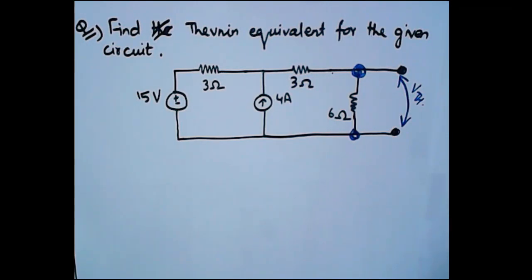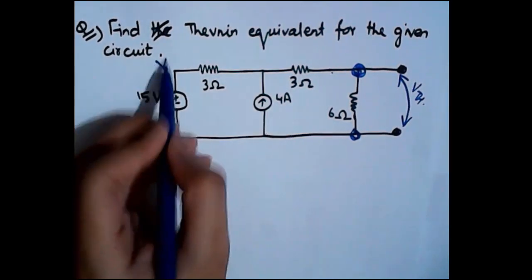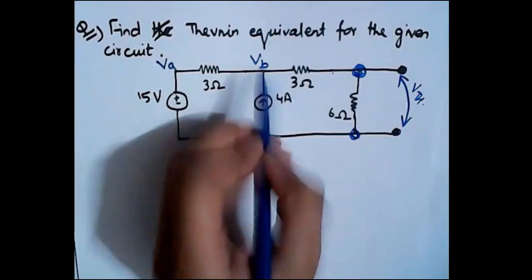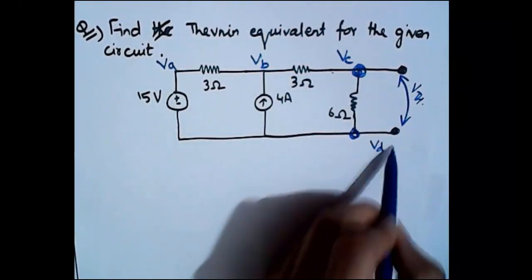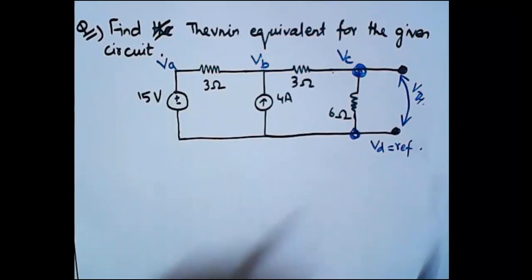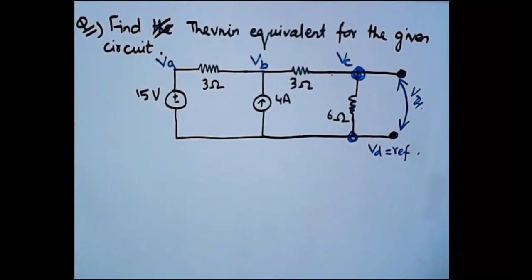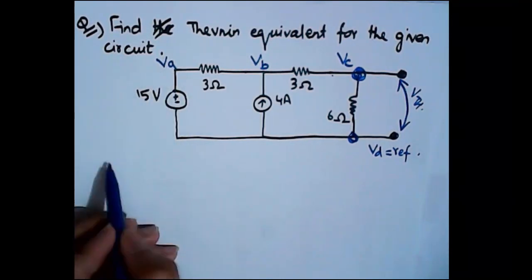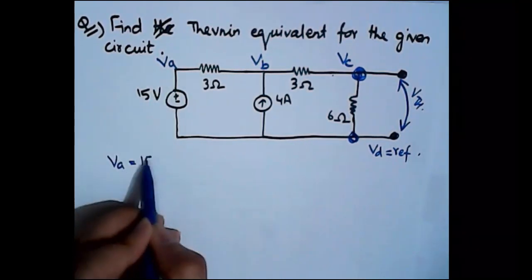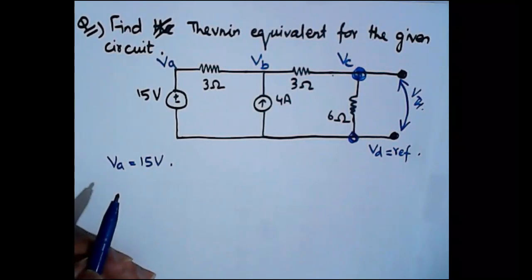And again I will be using the nodal analysis method. This is my node A, this is my node B, and this is my node C. This is node D, which is the reference node. I have already found out the value of VA because VA is between a reference node and a non-reference node, which means that VA will be equal to 15 volts.